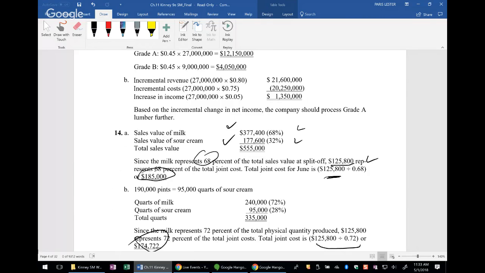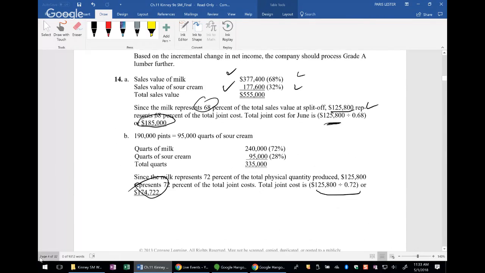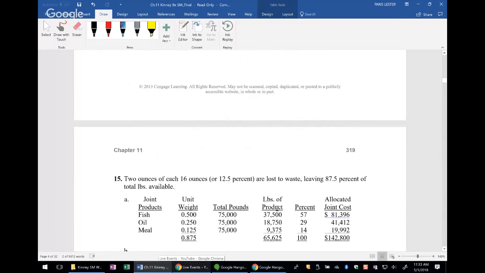Okay, I won't pick on any one person on that one. This is all new to you, but let me show you how easy that one is. On this one, you had the fish, the oil, and the meal, and you had the total weight.